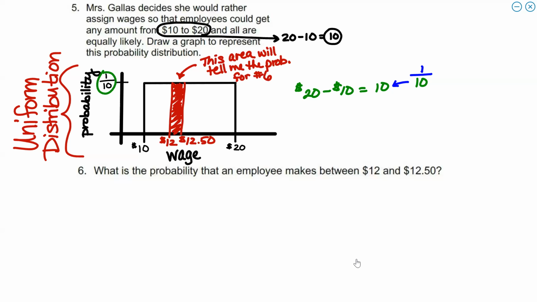Because just like a standard normal distribution, if all of my probabilities here are 1/10, the area underneath that rectangle is exactly 1.